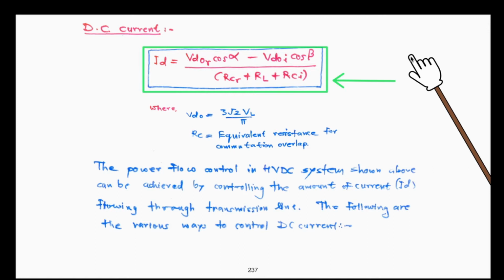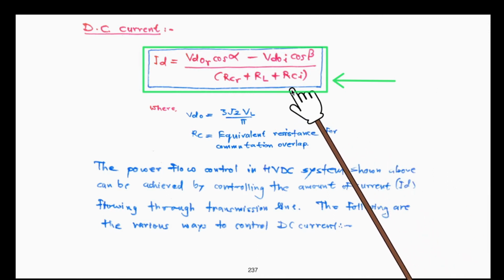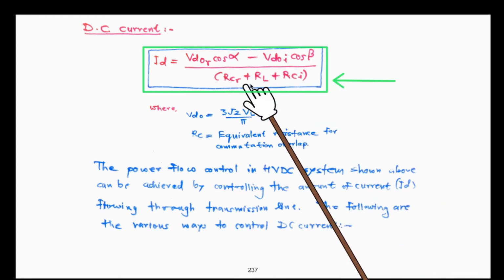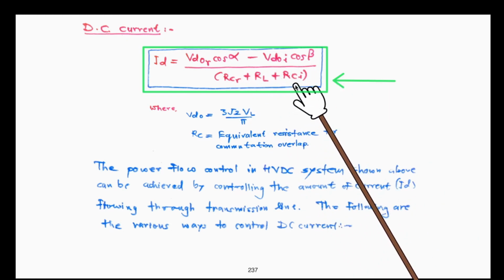The value of resistance is very small, maybe of the order of 0.013 ohms per kilometer. Similarly, the equivalent resistive drop due to commutation overlap is also very small. So the denominators are very small values, and they are not something which can be controlled.